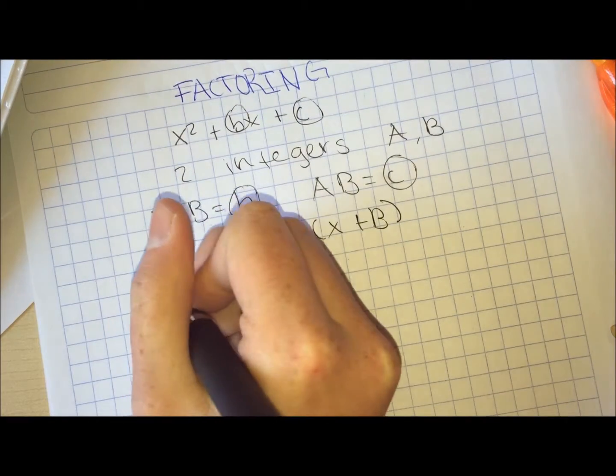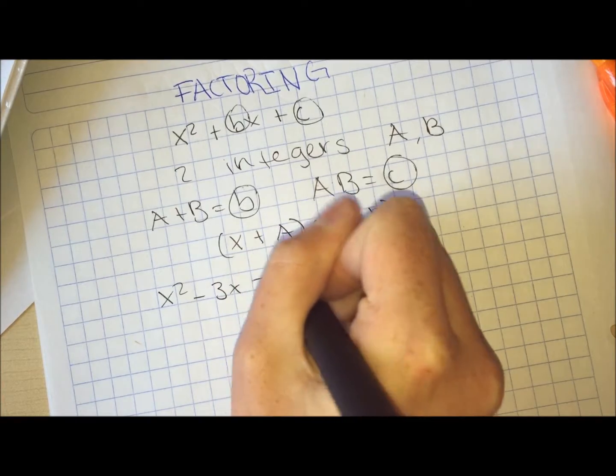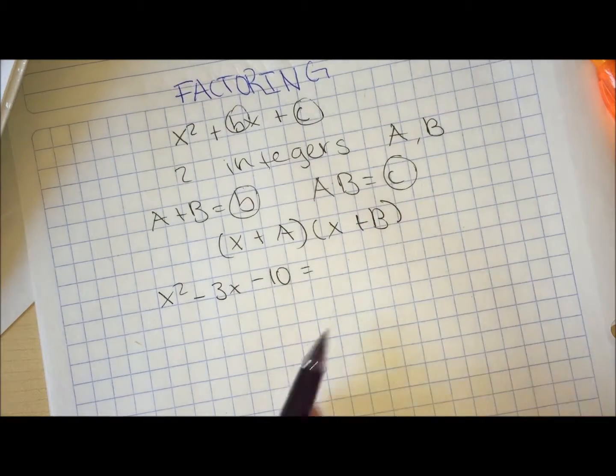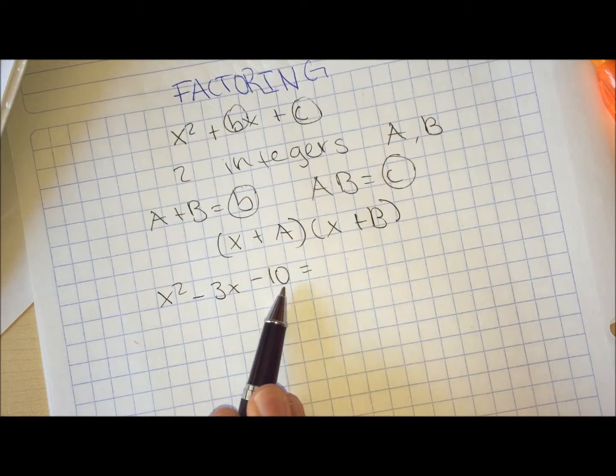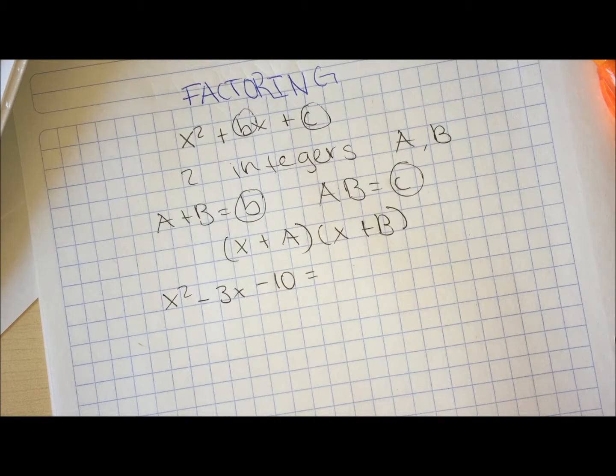In an example, we could factor x squared minus 3x minus 10. This is equal to two numbers that multiplied give us minus 10, and whose sum gives us minus 3. These numbers could be minus 5 and plus 2.